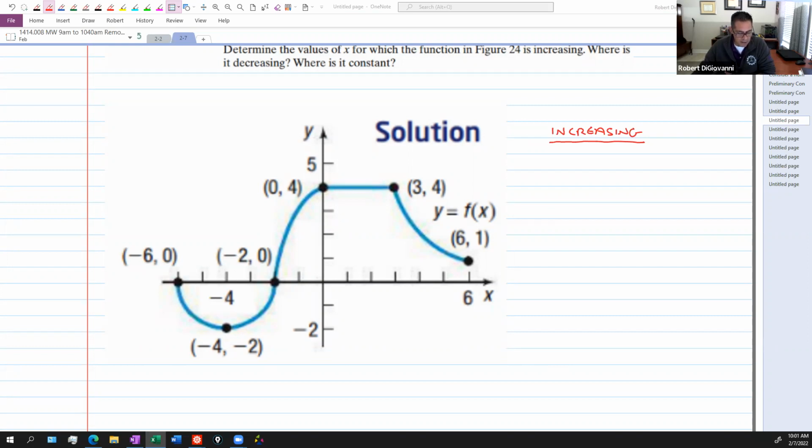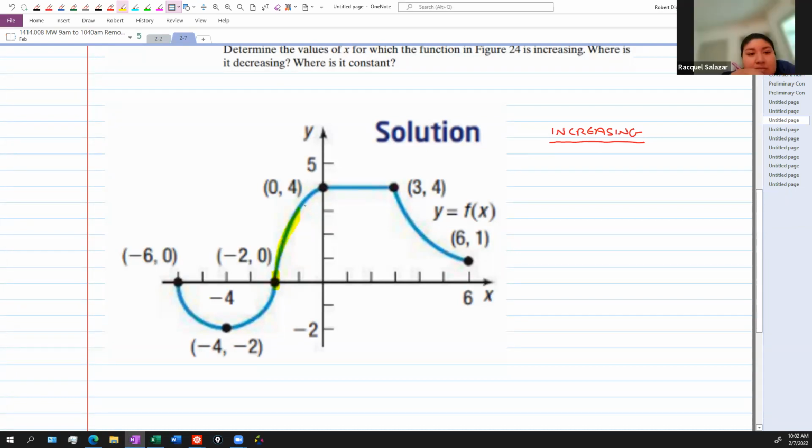It's going up around the -2, 0 point. Okay, so like you're saying around right here, in this area right here, it's going up? Yeah. Does everyone agree that that is where it's going up?